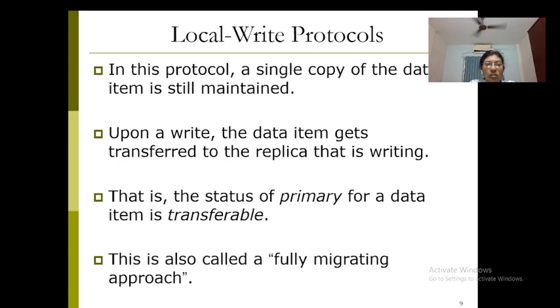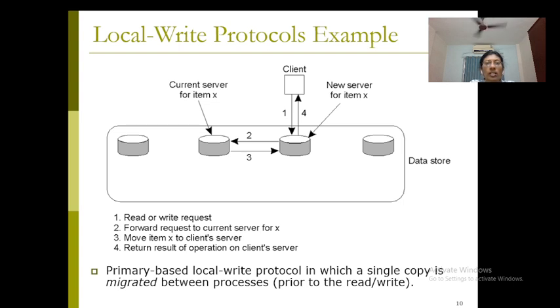Local write protocols. In this protocol, a single copy of the data item is still maintained. Upon a write, the data item gets transferred to the replica that is writing. That is, the status of primary for a data item is transferable. This is also called the fully migrating approach. Local write protocols example.